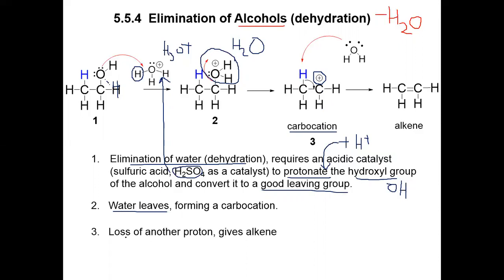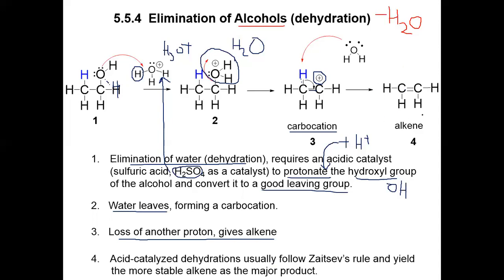So the third step, loss of another proton gives alkene. So hydrogen yang ni pun akan dibuang. So bila hydrogen ni buang, double bond ni, elektron ni, kan sini ada elektron, so elektron ni akan pergi ke sini membentuk double bond. Okay, this is your alkene.